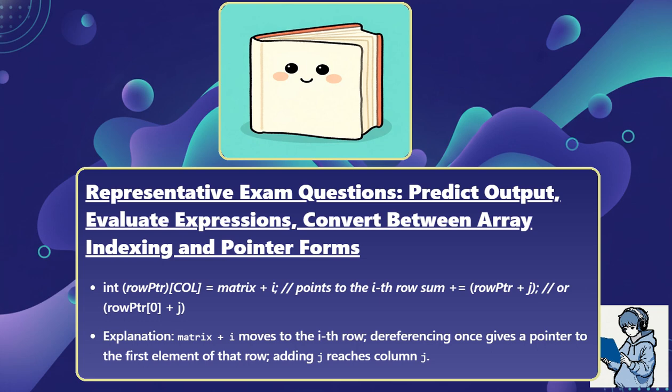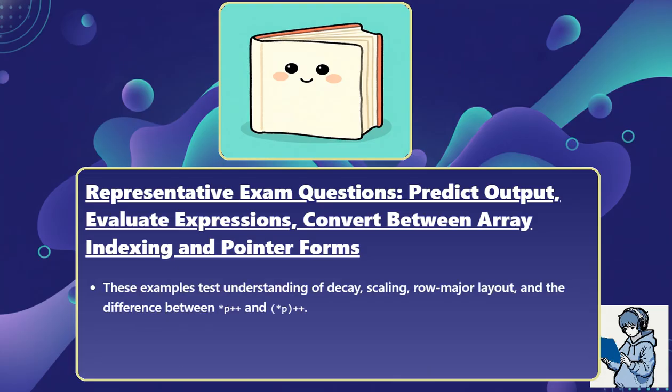Dereferencing once gives a pointer to the first element of that row. Adding j reaches column j. These examples test understanding of decay, scaling, row-major layout, and the difference between *p++ and (*p)++.